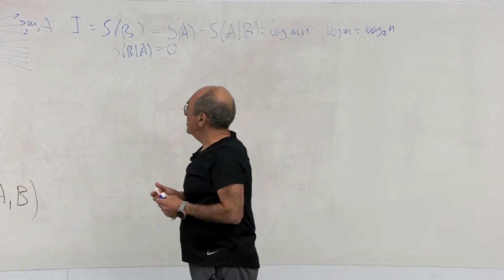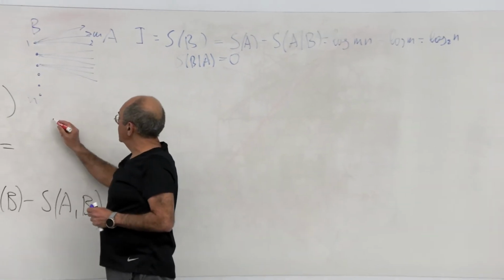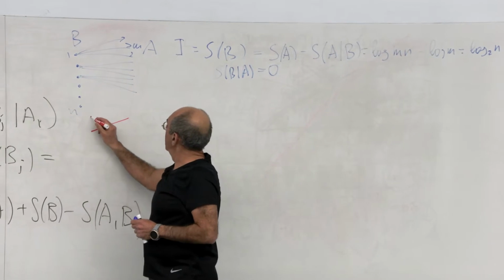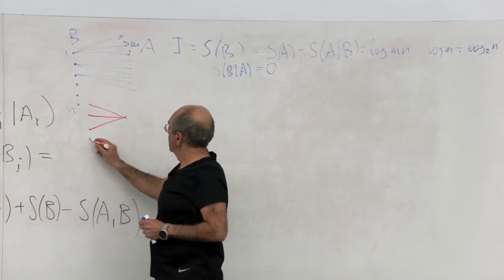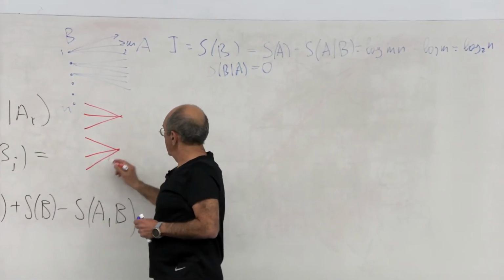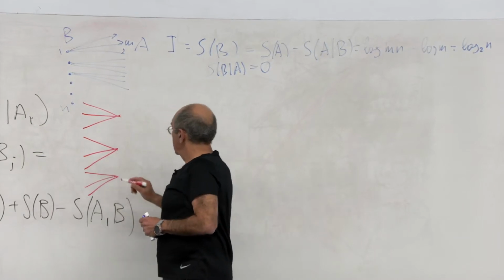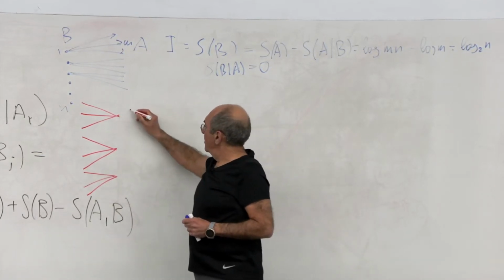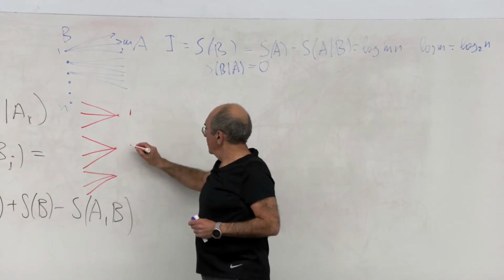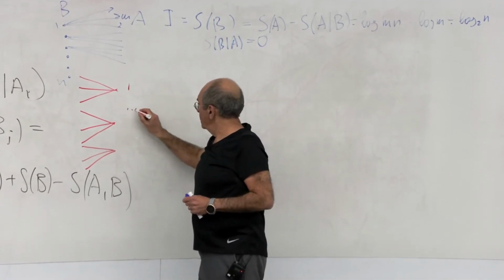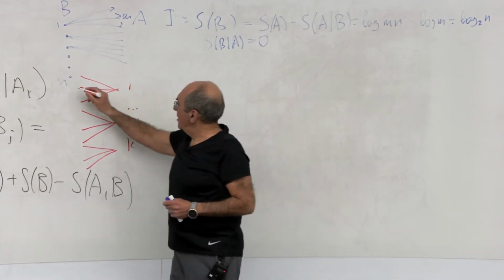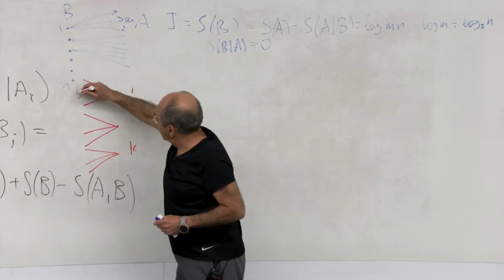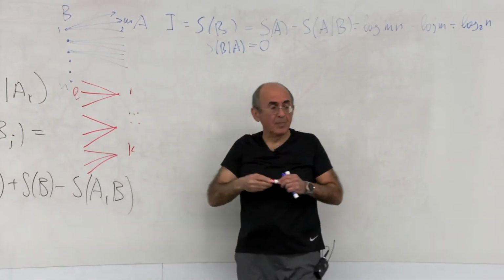OK, let's now turn the tables and look at this channel. So let's say I have here one, k, and there are L's on the B side for each one.